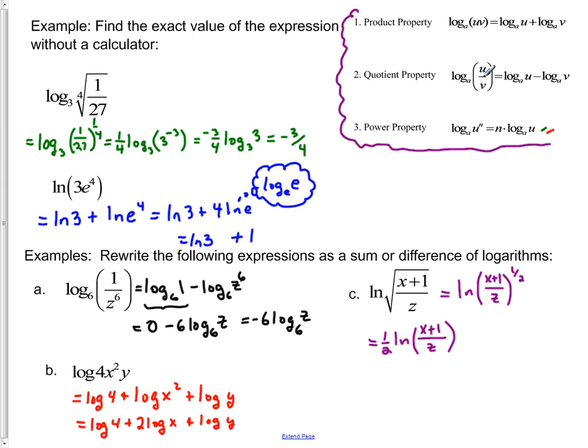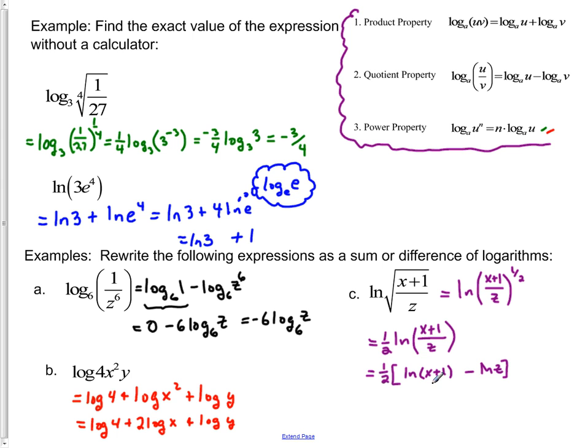And if we're using our quotient rule now, this 1/2 is going to be multiplied by the difference of the logarithm of the numerator minus the logarithm of the denominator. So let's take one more step here. We're going to have 1/2 times the natural logarithm of the quantity x plus 1, which is from the numerator, minus the natural logarithm of z.